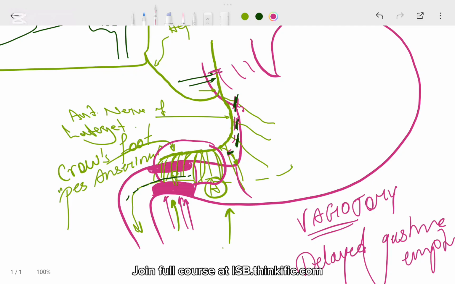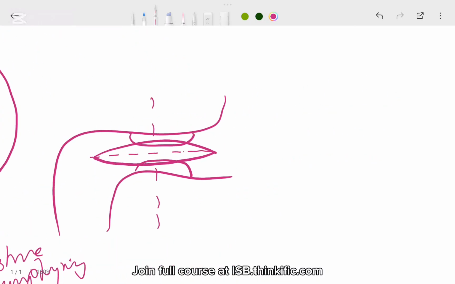It gives several gastric branches that move anterior to the stomach, and the nerve of Latarjet continues and ends at the incisura as a crow's foot, breaking into multiple nerve filaments that supply the pylorus and the pyloric antrum. Okay, that's all we need to know about this nerve. So let us move to a different diagram and talk now about the posterior nerve. What does it do and what does it give exactly?